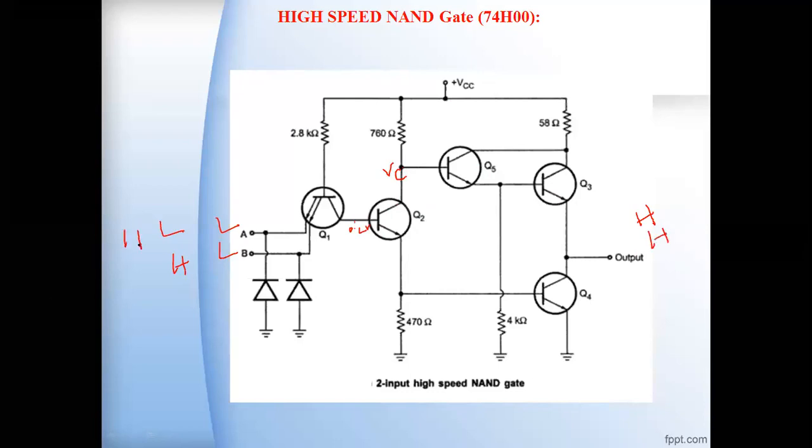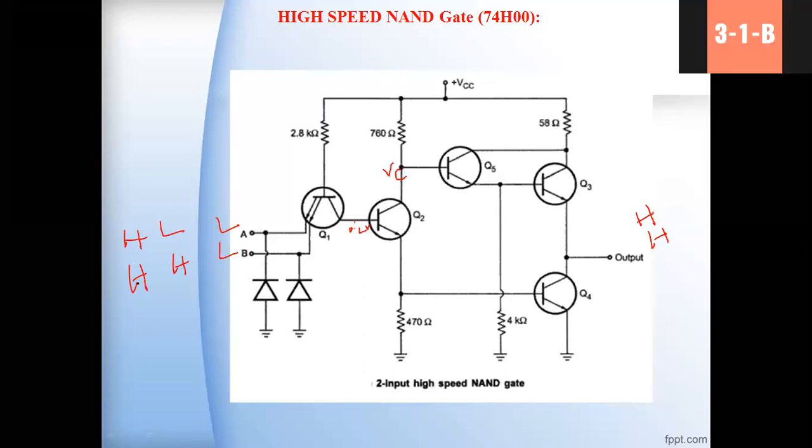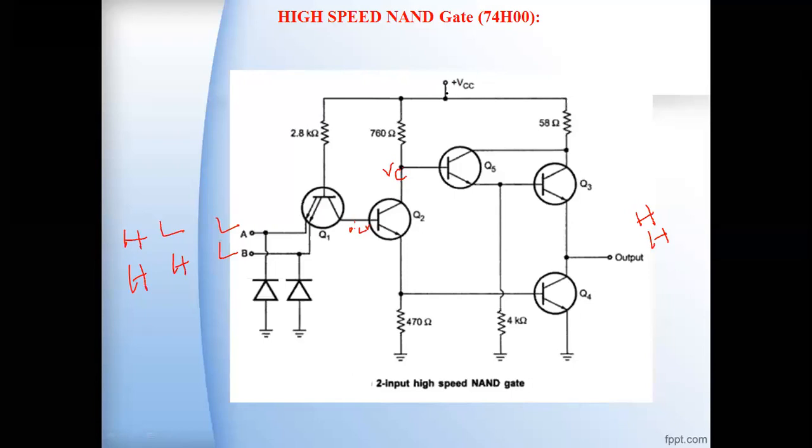Now take the last condition. If the two inputs are at the logic high state, because of the high state values, the Q1 transistor will not conduct.